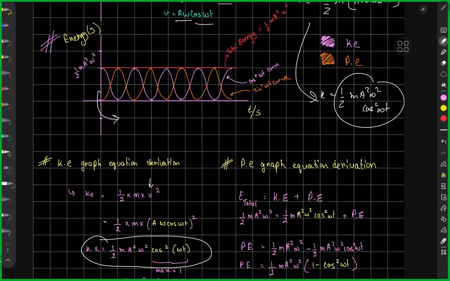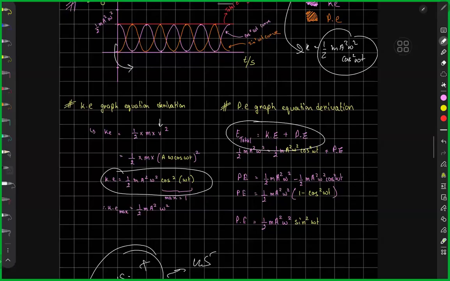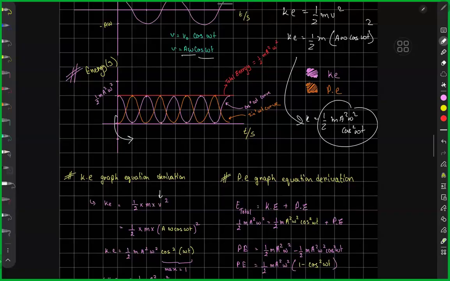Now, what happens with the potential energy curve? Let's see. You know the total energy is a sum of kinetic energy and potential energy, right? Great. Can I write the total energy as half m a squared omega squared? Yes, I can. Why? Right before talking about this, we had a discussion that I can define the total energy as KE max, and you all agreed with me.